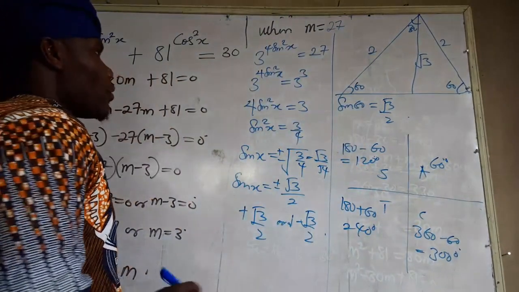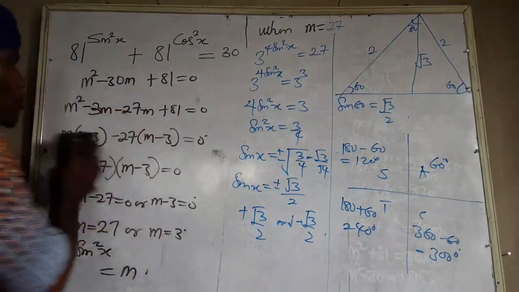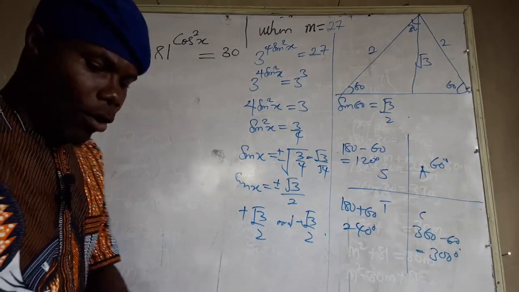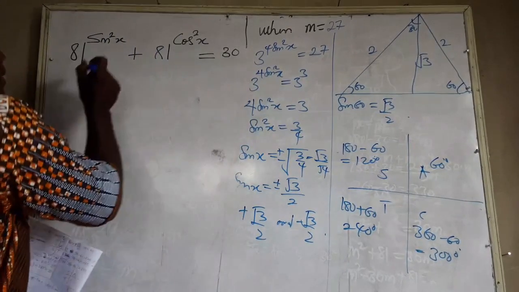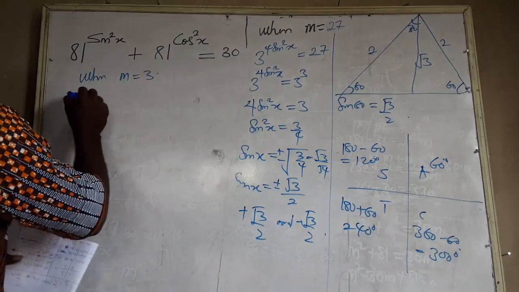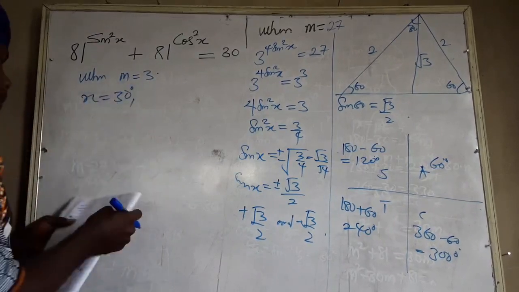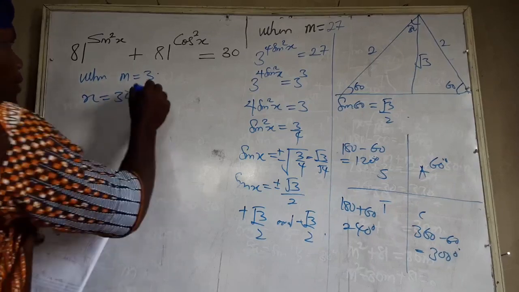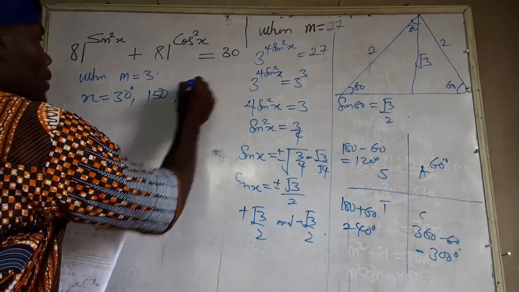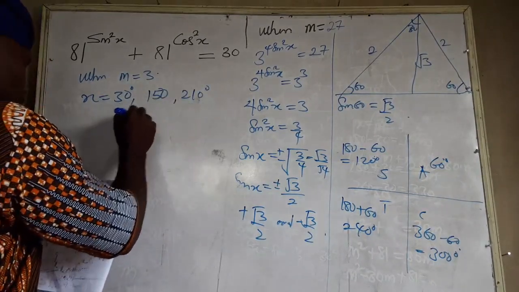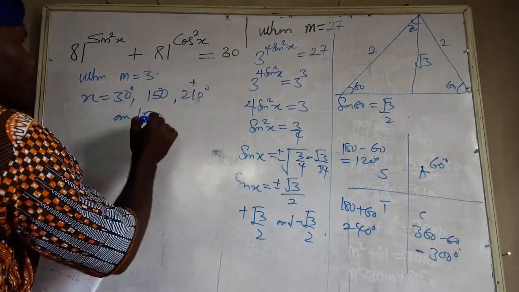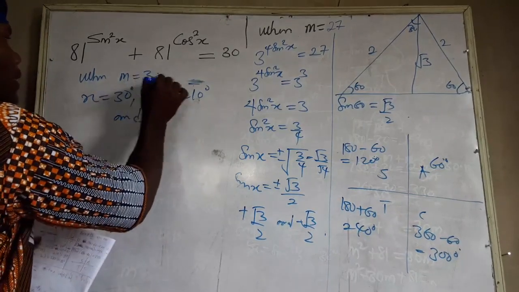So the total number of angles, the values of x: when m is equal to 3, x is equal to 30 degrees, that's the first one you are able to get. The second one is 150, the third one is 210, and the fourth one is 330.